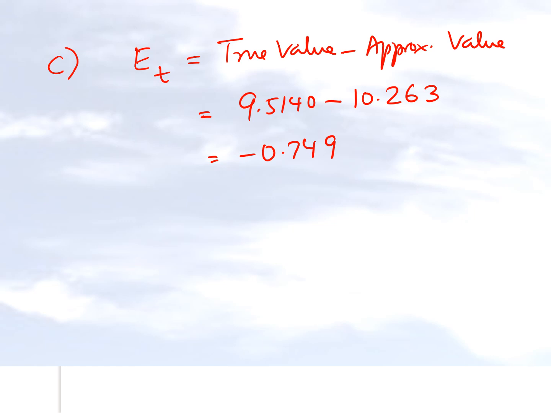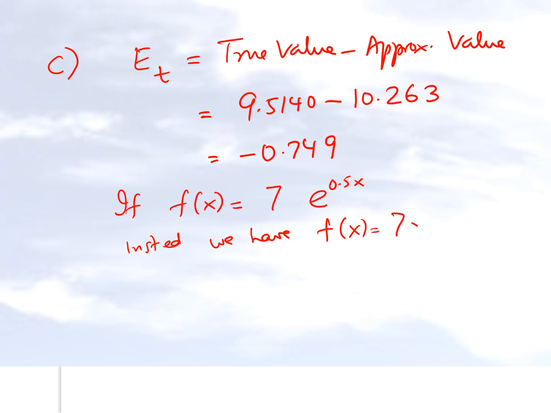But one of the things which you're going to see here is that we're getting a true error of minus 0.749. How do we know whether this true error is a small quantity or a large quantity? So for example, if f of x was given as 7 e to the power 0.5x, that's what was given in the example. Let's suppose instead we have f of x equal to 7 times 10 to the power minus 6 e to the power 0.5x.